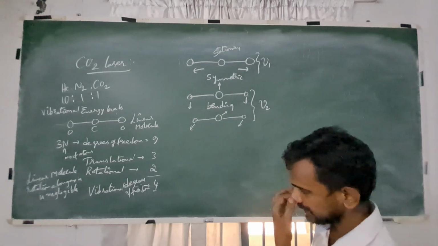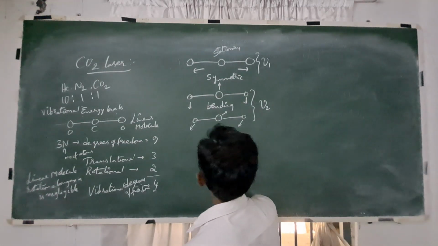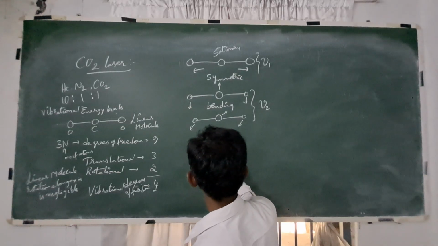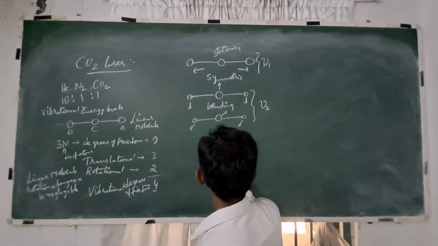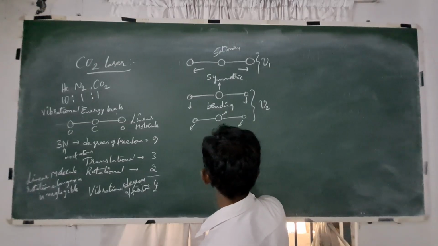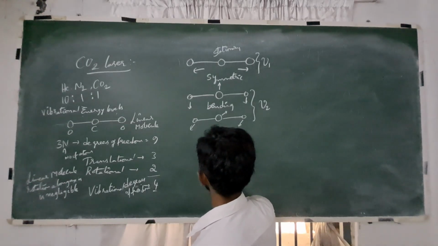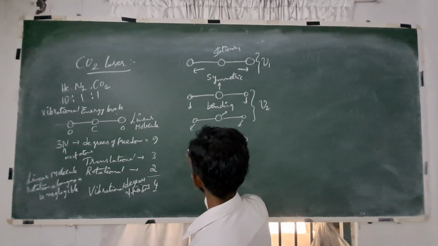And the third one is asymmetric vibration. Here the central atom and one of the atoms will move in one direction and the other atom will move in another direction.